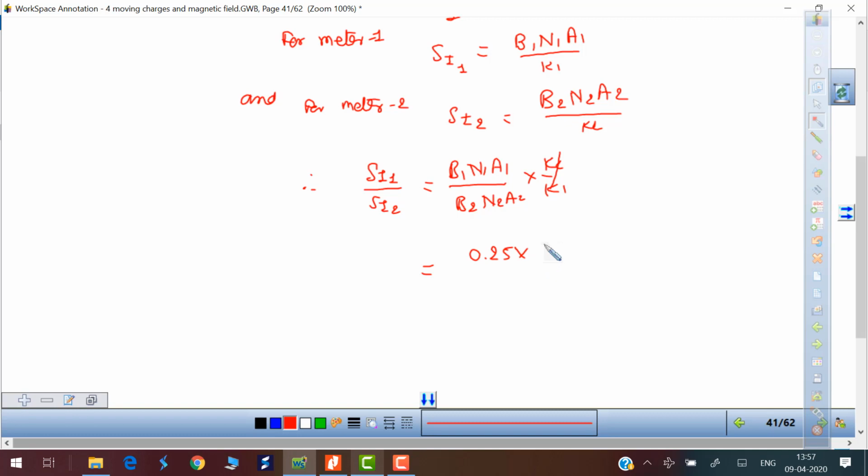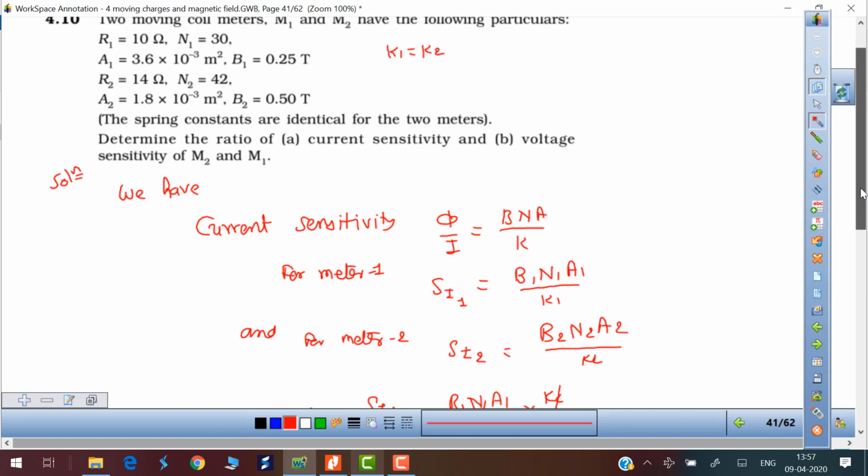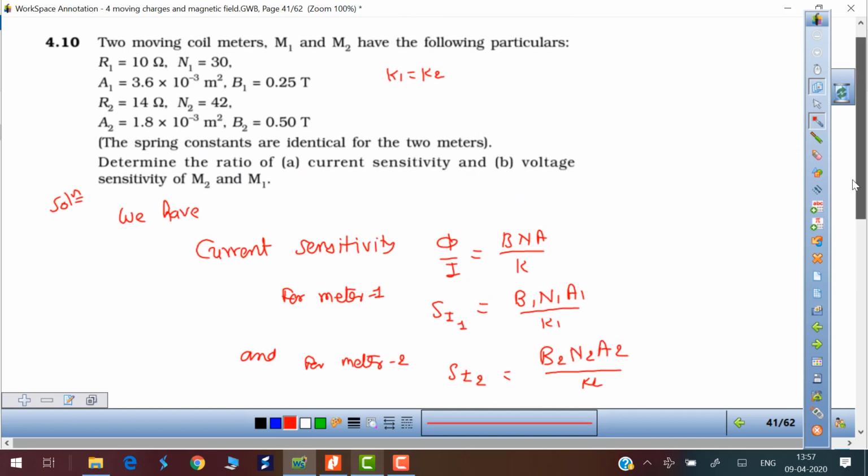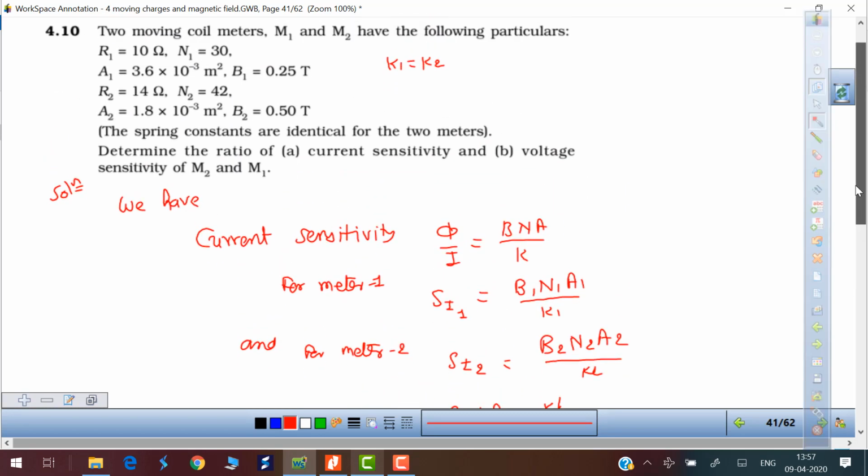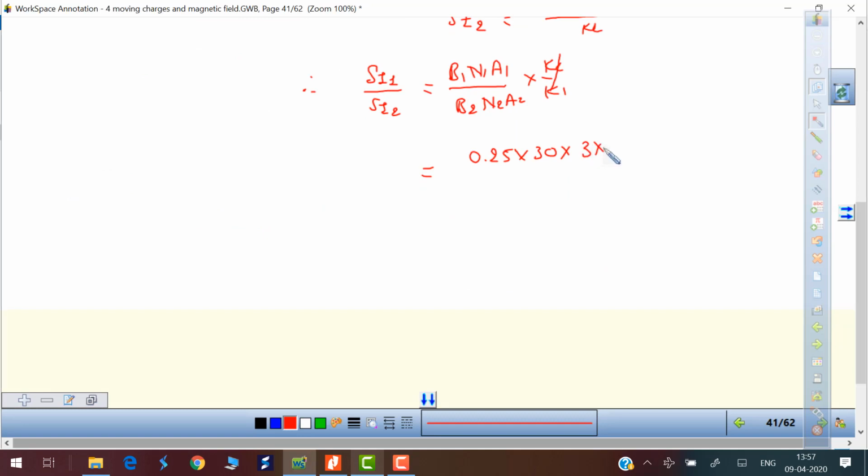Number of turns, I think 30. Area A1 is 3.6 into 10 raised to minus 3 meters square. So 3 into 10 raised to minus 3, divided by, you have given 0.5 into 30 into 1.8 into 10 raised to minus 3.